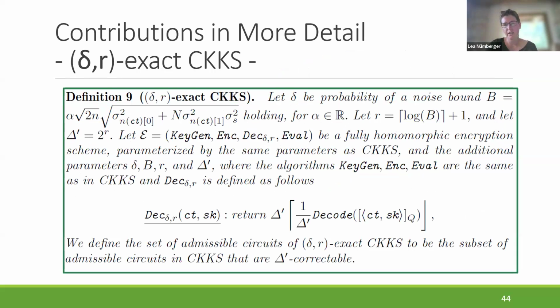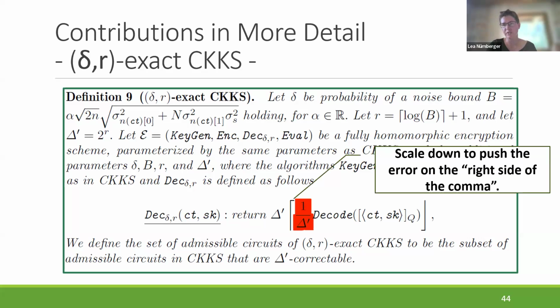which essentially has the same key generation, encryption, and evaluation algorithms as in CKKS, but a different decryption functionality. Now, how does this decryption functionality work? We here scale down the message by some scaling factor.